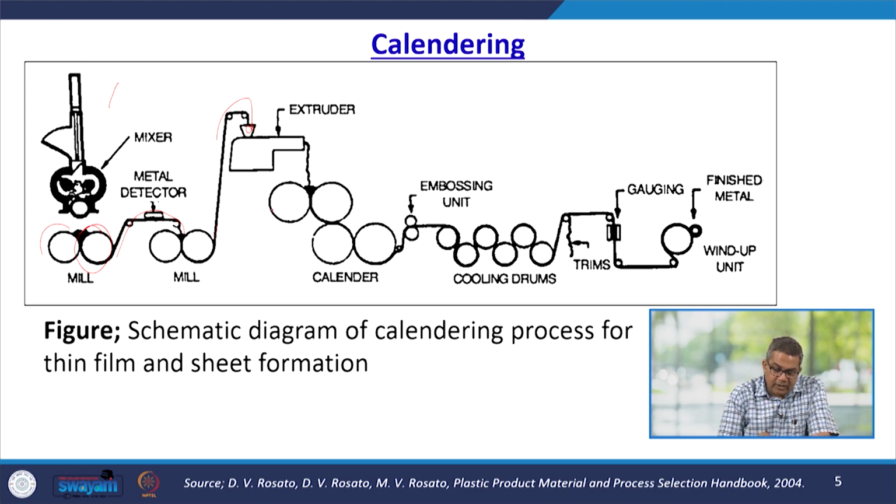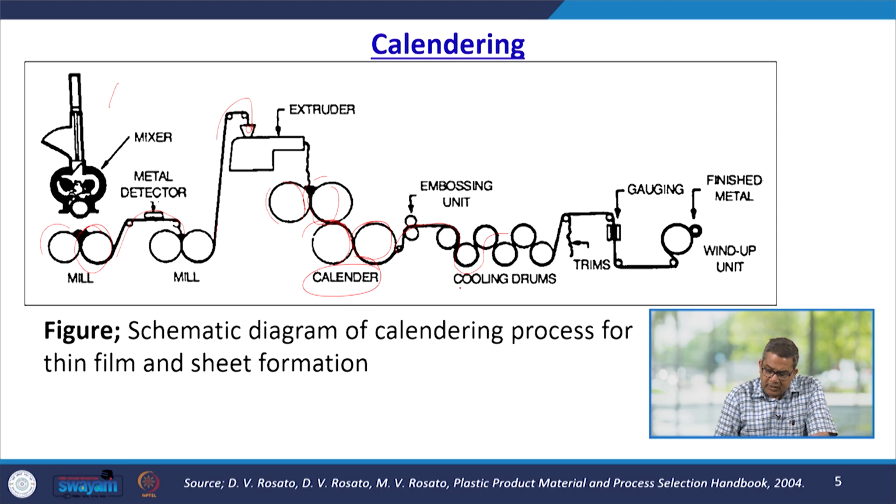Then these are the different rolls where the extruded material is subjected, and these rolls or calendars are moving in the designated direction and the material is passed to the embossing unit. There may be certain embossing or sometimes a watermark and other things you can see.